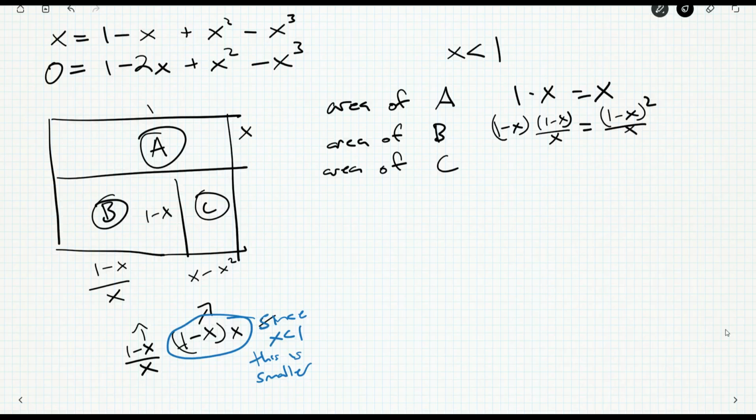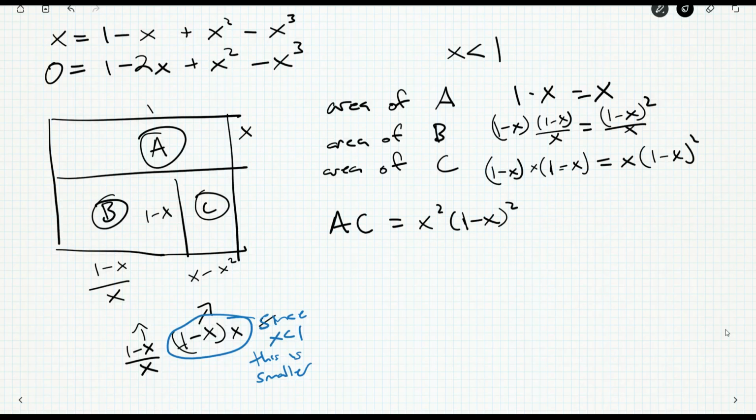And the area of C is 1 minus x times 1 minus x, which is x times 1 minus x squared. Okay. So AC is just x squared times 1 minus x, all squared.